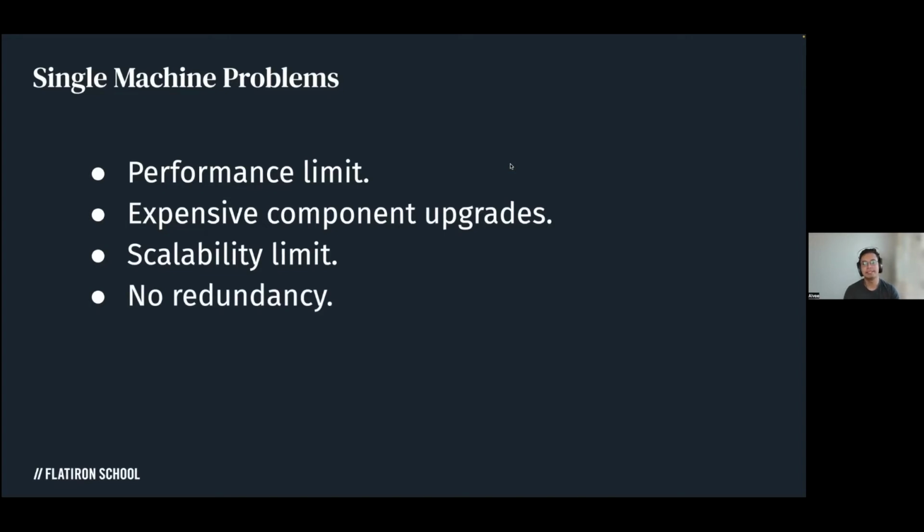And then no redundancy. What this means is if that one server goes down, your site completely shuts down, right? Basically, there are no backups, okay? And finally, low availability. Availability refers to the amount of time a service is available over a certain period of time.